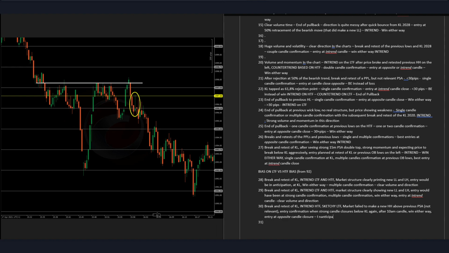In anticipation of more volume at 10 a.m. For example, in the last trade, at the time there was not a lot of bearish price action, only these couple of candles at the new hourly open. It's not the same momentum and volume as before.